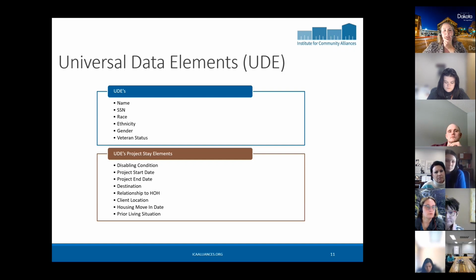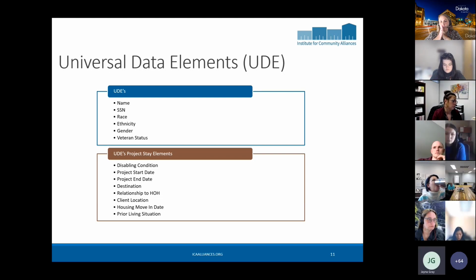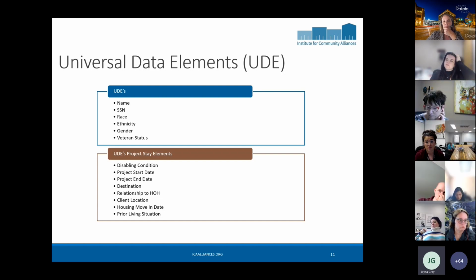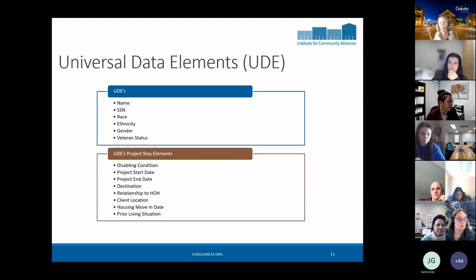So, universal data. Janae, I have a question. Yes, absolutely. Who would be entering this data? Why would they be entering this data? And how is this related to what Chanel discussed? Besides those people that receive funding that requires HMIS, who else would be entering this data?